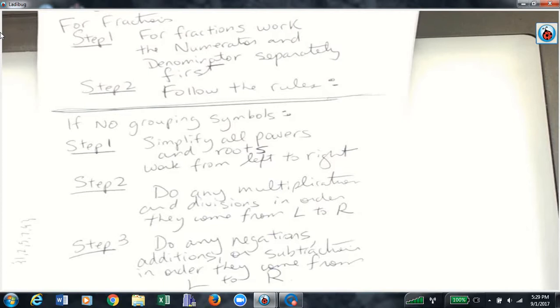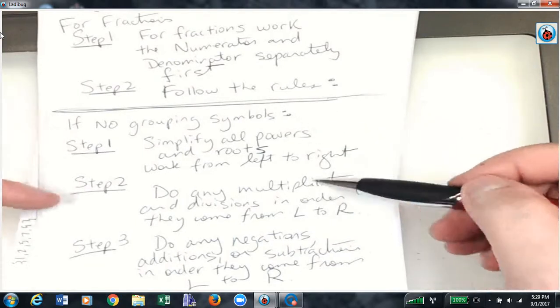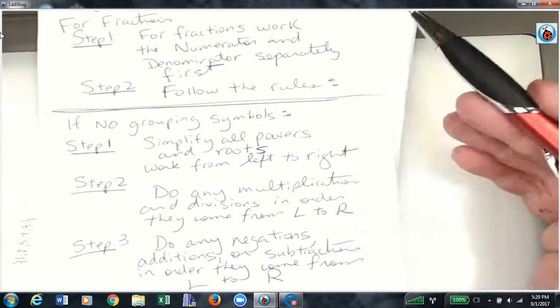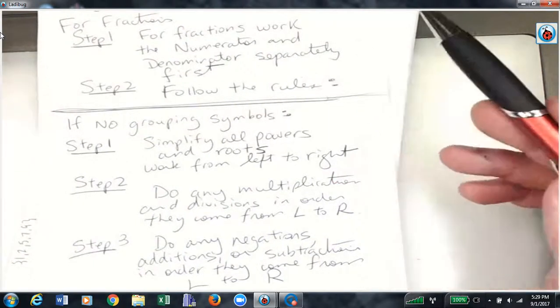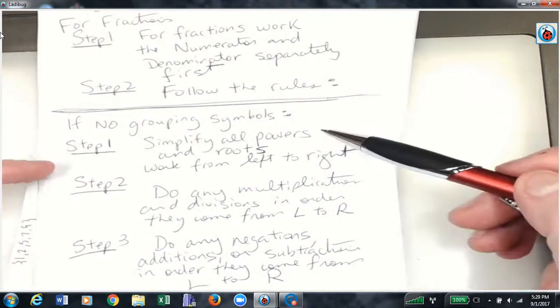Okay, so whenever we have grouping symbols, parentheses, we do those first. If we don't have any parentheses, no grouping symbols, we do these steps. If you happen to have a fraction, work out the top and the bottom separately, then do these steps.